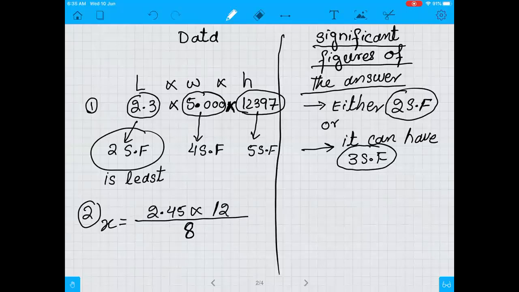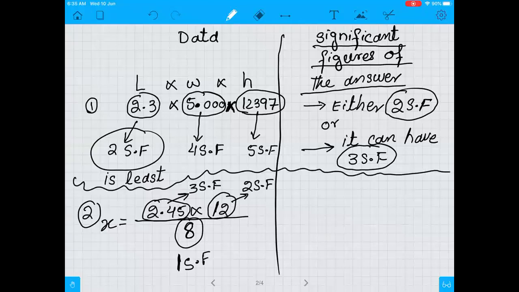Now you see 2.45 has three significant figures. 12 has two significant figures. And 8 has one significant figure. Now, out of all the numbers, 8 is the least significant data. So significant figures of the answer will depend on the least significant data, that is 8.